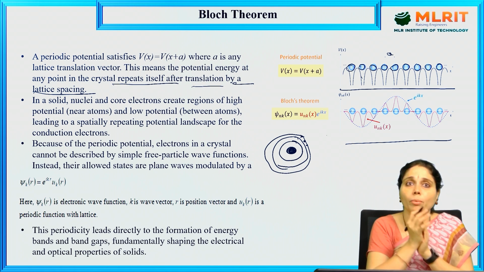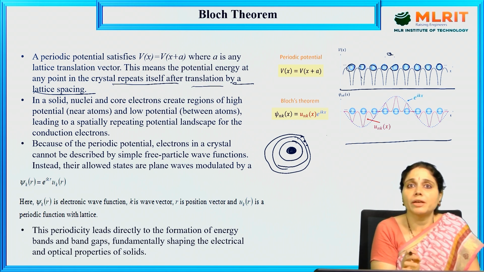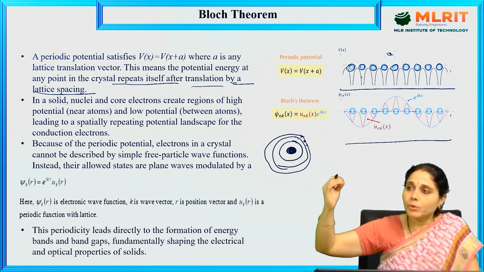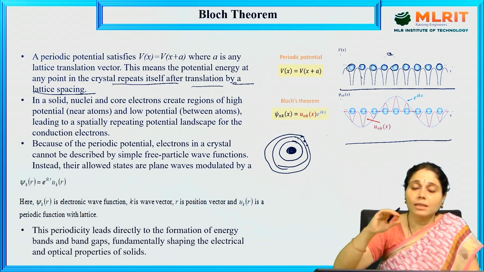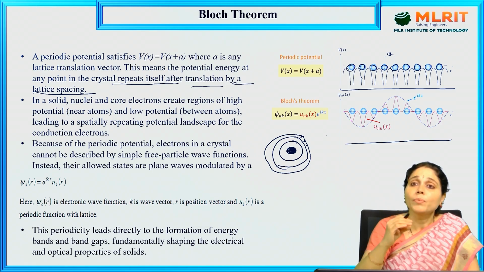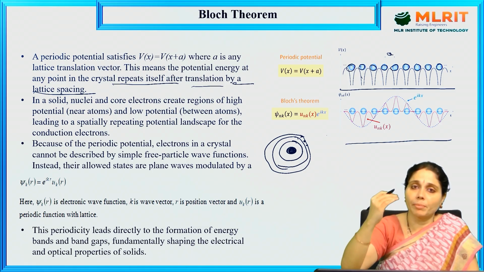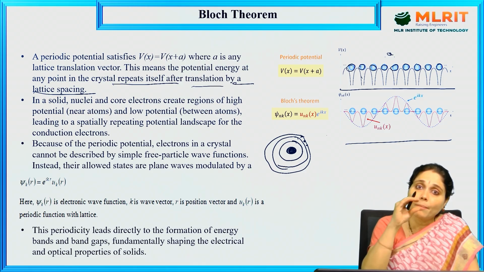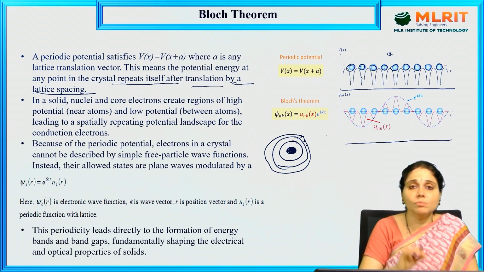So this leads to a spatially repeating potential landscape for conducting electrons. When an electron moves from one atom to another, the path it follows will have a regular repetition. It possesses potential energy, and also kinetic energy during this movement.